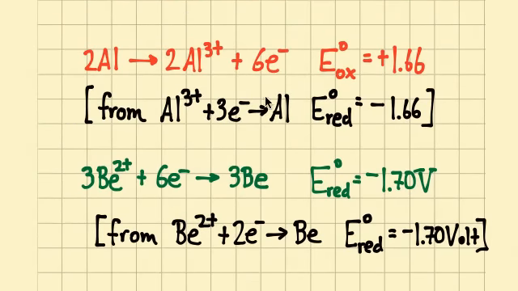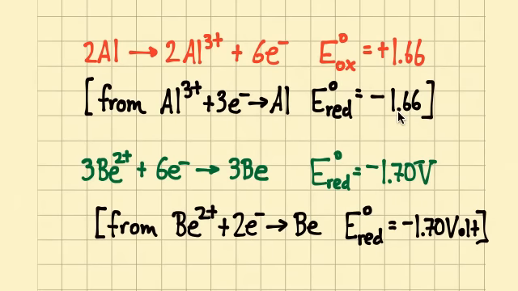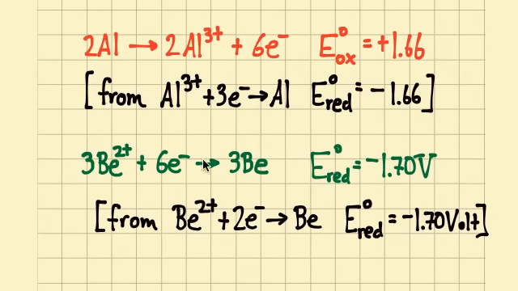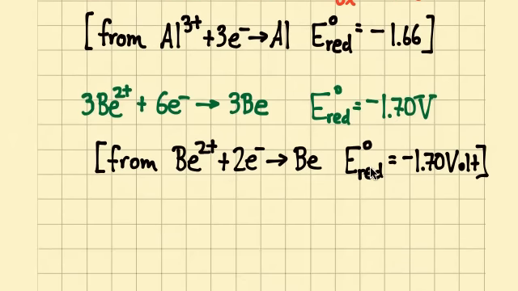So I got this 1.66 from this reduction half reaction, although remember that if I multiply this equation by a number, it does not change the reduction potential. This is all referenced just to a different element, hydrogen. So it's just the particulars of the elements that give us these standard potential numbers. And this one was flipped backwards from the beryllium 2+ gaining electrons, so I took the negative 1.7 to a positive 1.7.